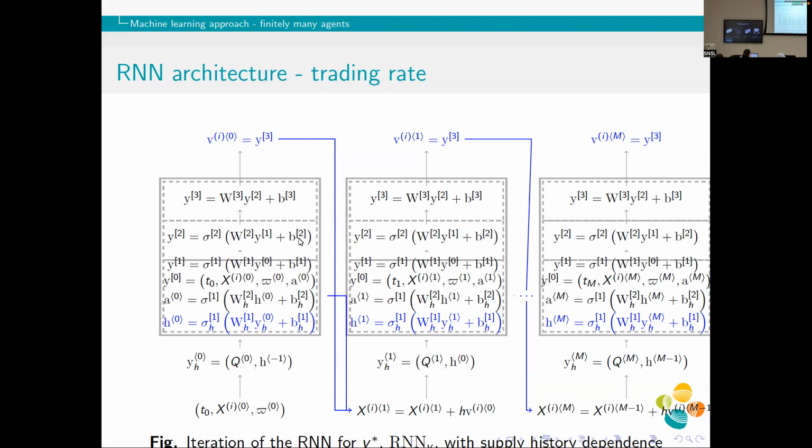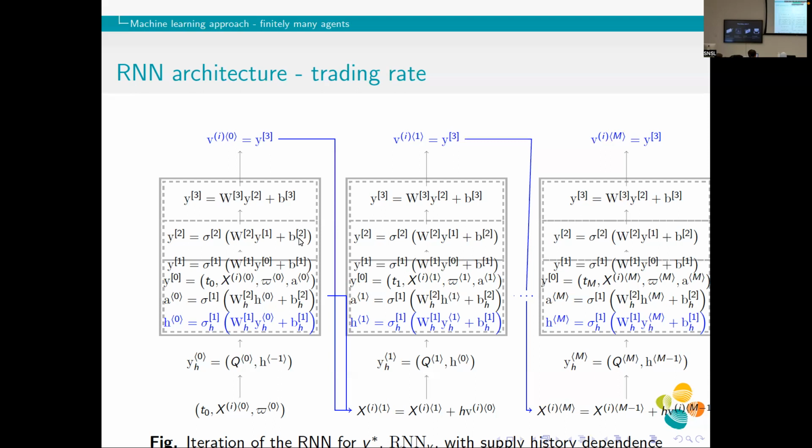In this case, this is the neural network for the control for the player i. So what you throw in is the Q at time 0, T0, the position of the player, the price, and the hidden state, which is originally initialized at 0. And then out of this, you get the strategy for the player, the trading rate for the player, and you update the hidden state.